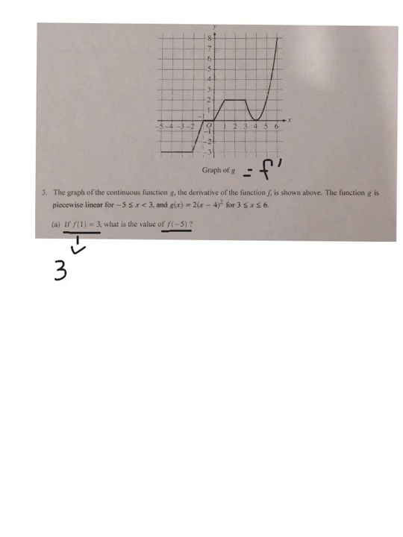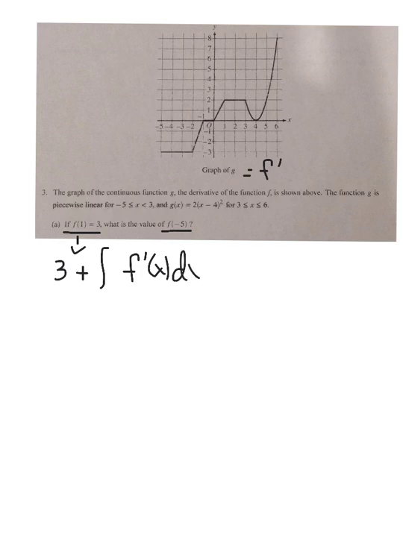Because they want us to determine what f of negative 5 is, and we have the graph of f prime, how do we get f out of f prime? What do we have to do? We would have to take its integral, right? Which is going to be the area under the curve. So we start with that initial condition of 3, and then we're going to add to it, and we are going to integrate f prime.